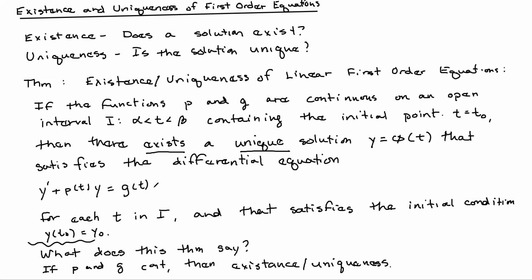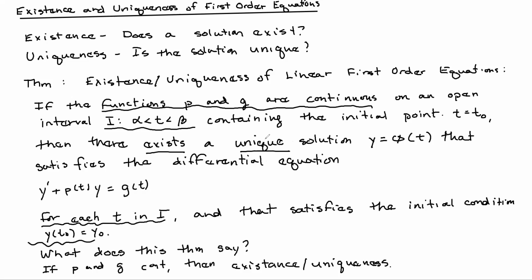The one other thing here that maybe you could pull out, right? So the important stuff is if p and g are continuous, that's obviously critical. Open interval I, so we've got an interval. There exists a unique solution for each t in I. So this is also something that is relatively important.